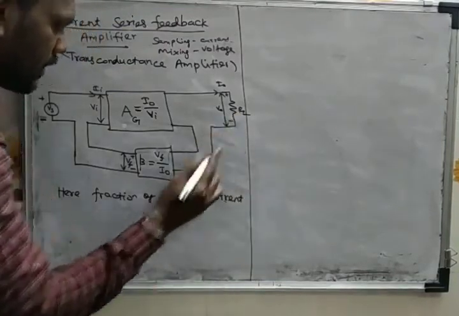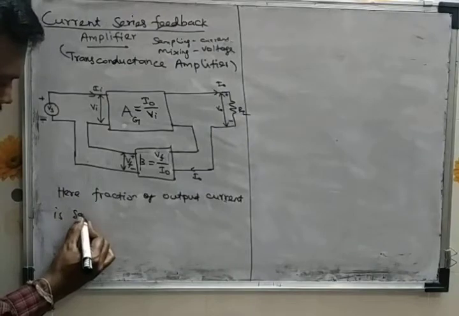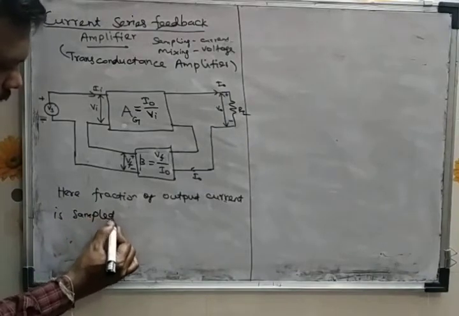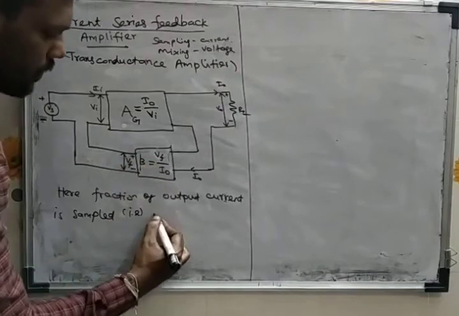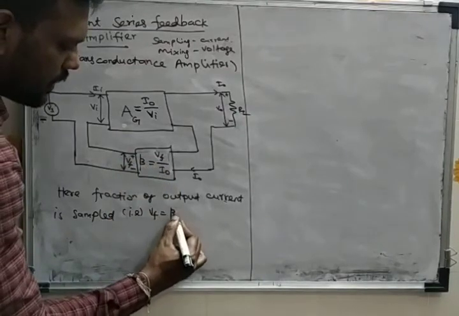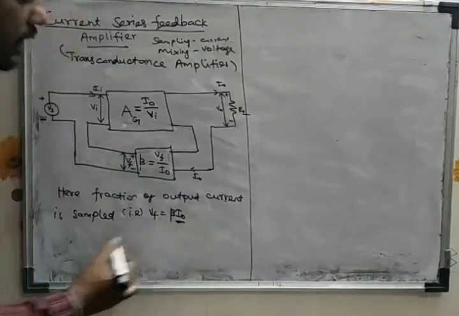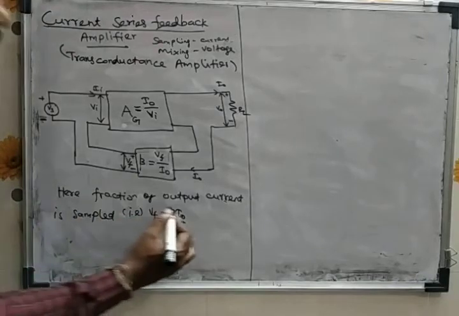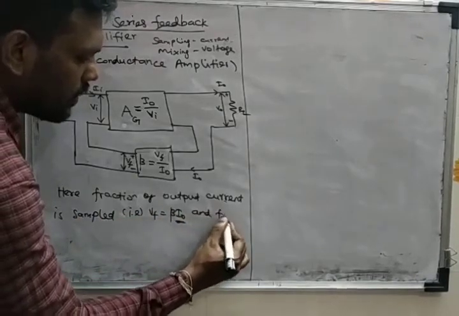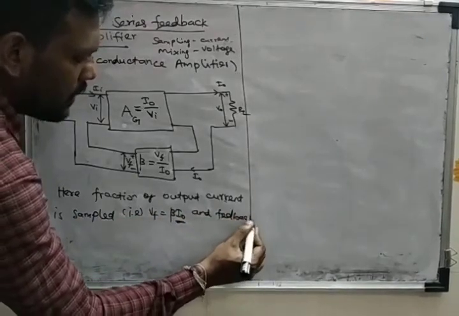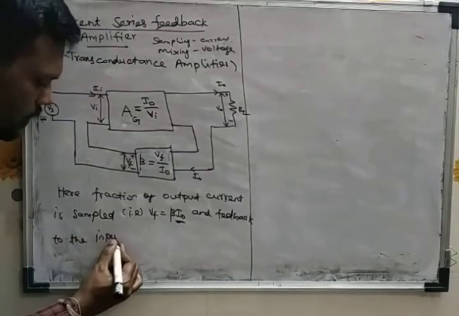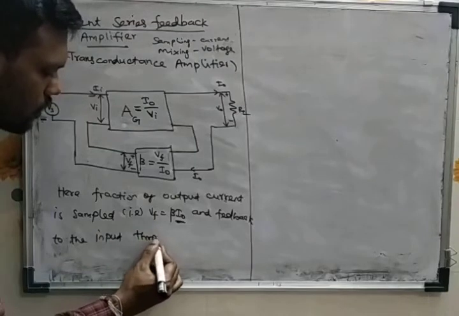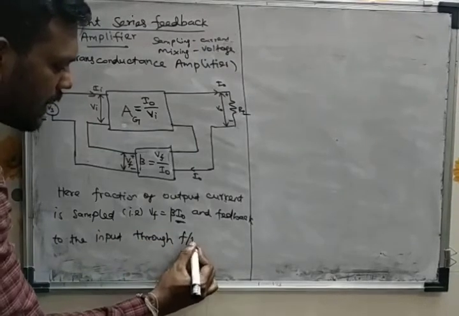Output current I0 is sampled, that is Vf is equal to beta I0. So output current is sampled and fed back to the input through feedback circuit.